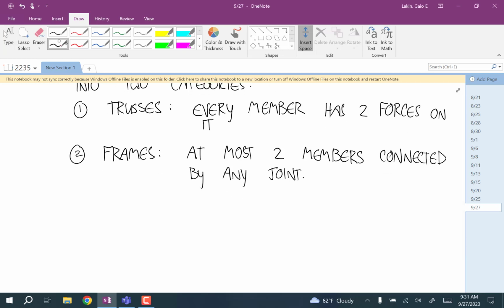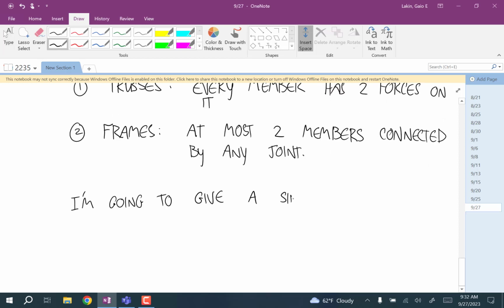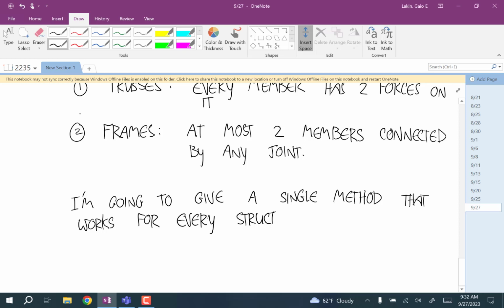Okay, so instead of doing these, I'm going to spend almost all of our time on giving a single method that works for every structure, including the ones that don't fit into either of these 2 categories.